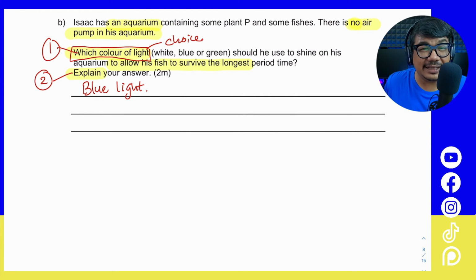Now, since I need to explain, the first thing that you have to write after your choice would be your evidence. What is the evidence that you see that makes you choose blue light?